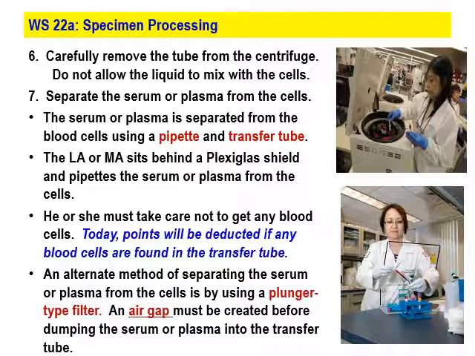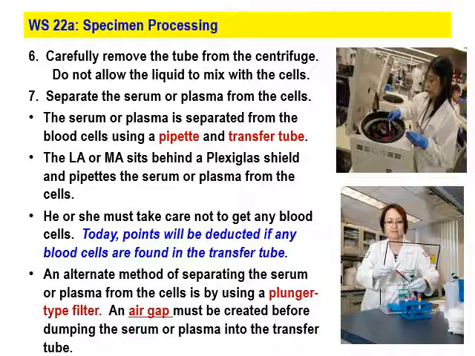Now, there's also plunger type filters that you can put down in there, and you slide that plunger down into your tube, and you want to leave a little bit of an air gap between stop, and then you pull up just a little bit. It causes a seal, and then that way your serum is off your plasma. And y'all might could find a really good YouTube video out there about plunger type filters so that you can get kind of a look at that and see what it looks like. It's really neat, we used a lot of them in the lab I worked in, okay?